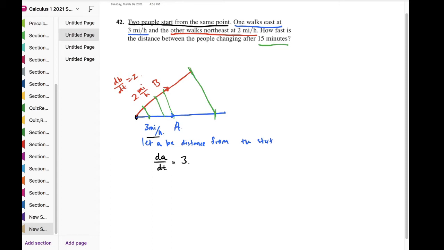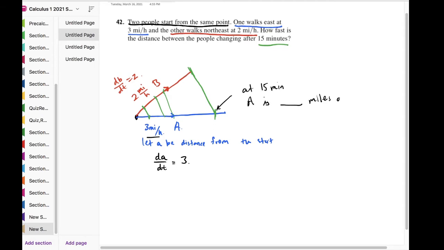First of all, how far is A from the start at 15 minutes? Yeah, 3 is the speed, so 3 times 1/4.